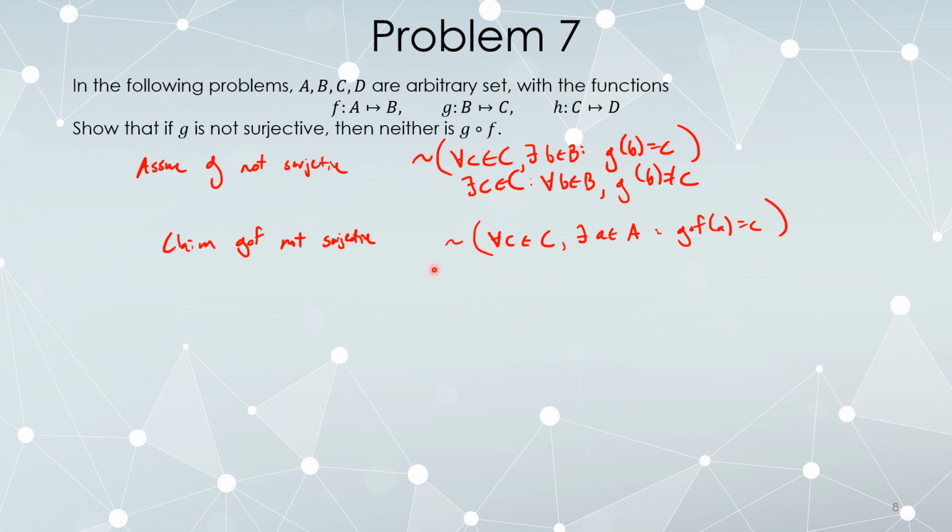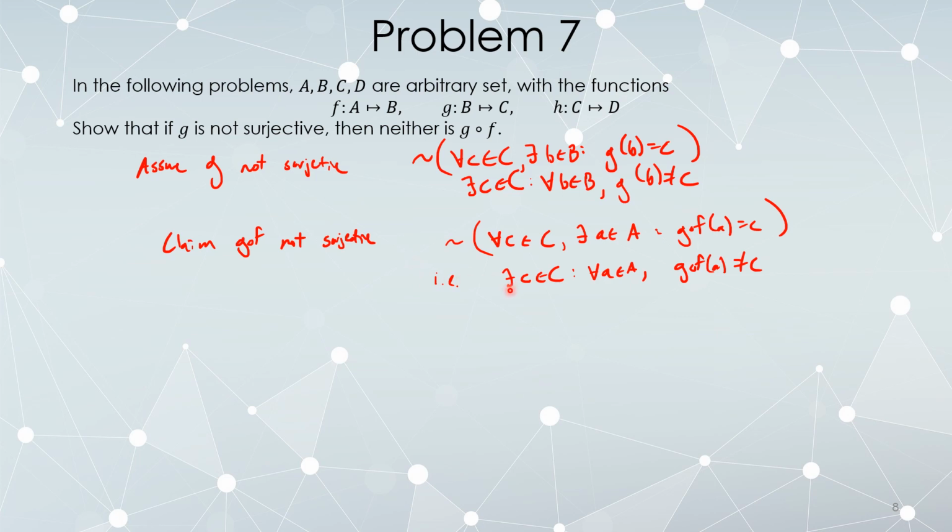And again, how do we work with this negation? If I push it past this universal quantifier, this becomes existential, and now the negation lives here. If I push it past that quantifier, this becomes universal, and the negation now lives here, and that's just a negated equal sign. So what we are claiming is that there exists something in capital C so that for anything in capital A, g of f of a isn't equal to c.